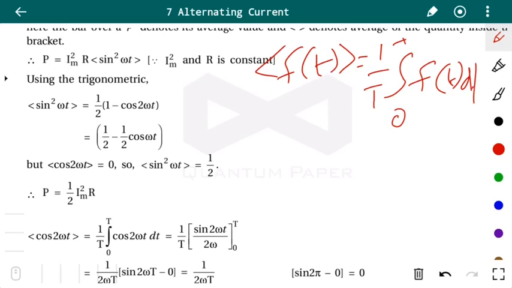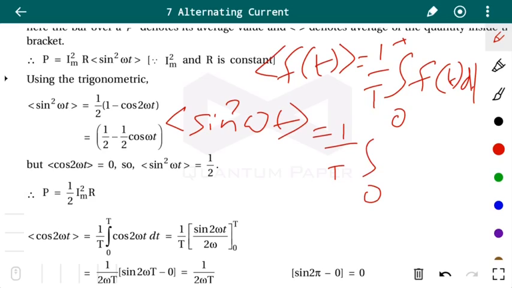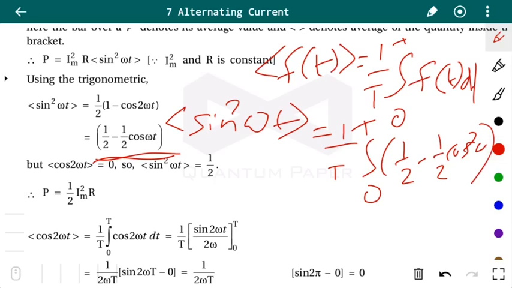Now here, instead of this function, we are having sine square omega t. We need to write this equation, so that is 1 by 2 minus 1 by 2 cos 2 omega t.